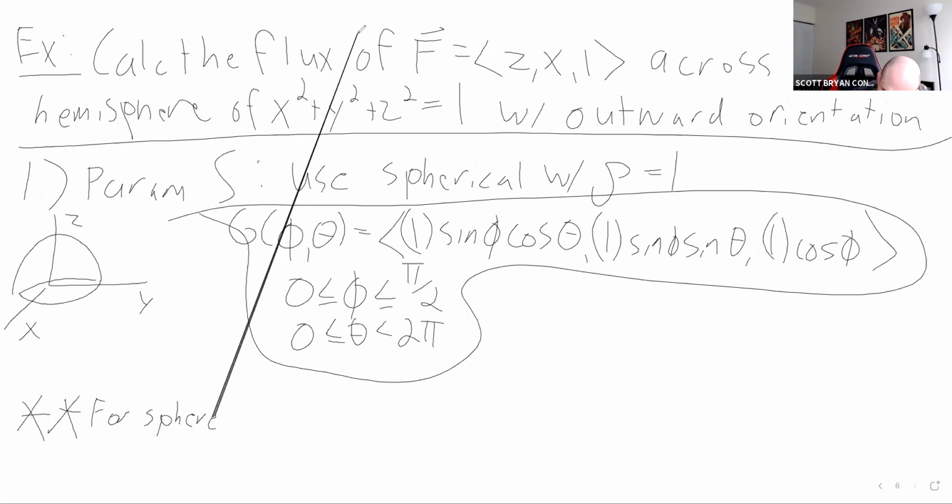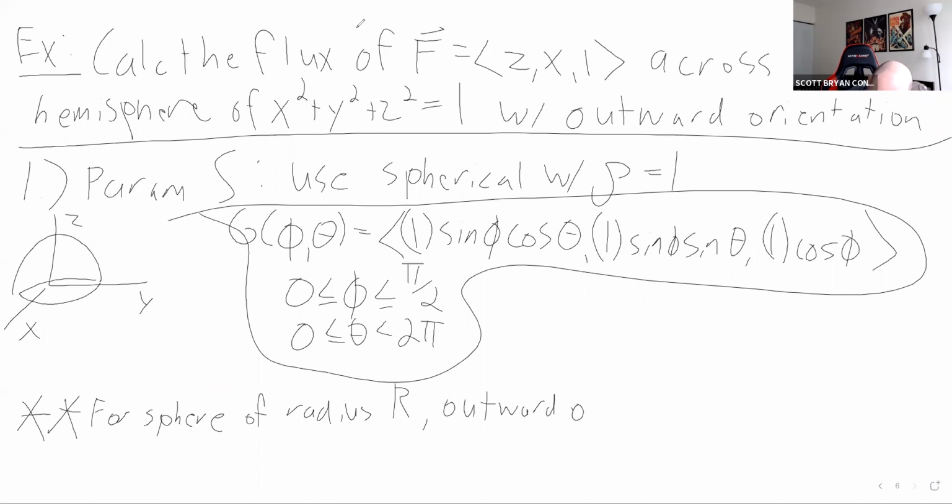So for a sphere of radius capital R, centered at the origin, the outward pointing normal n of phi theta. So I'm using phi and theta instead of u and v here because phi and theta are what we're calling our parameters.